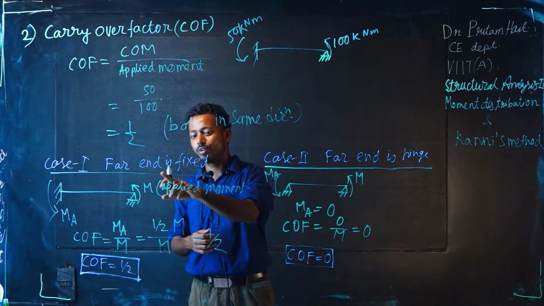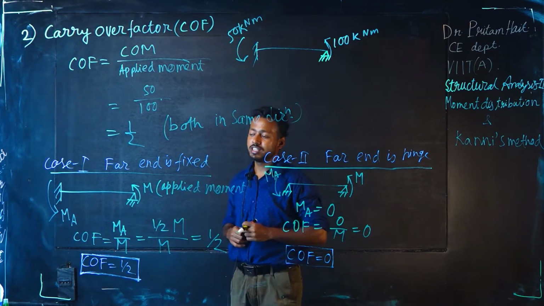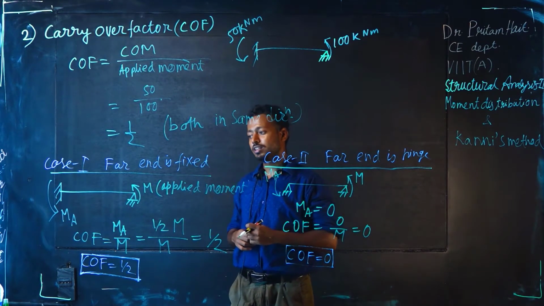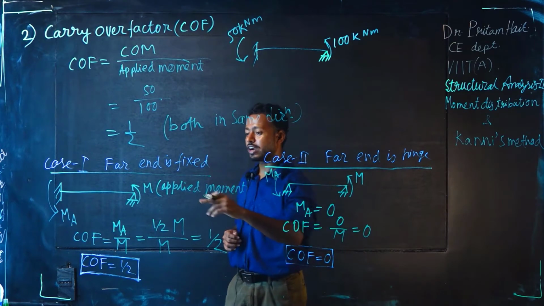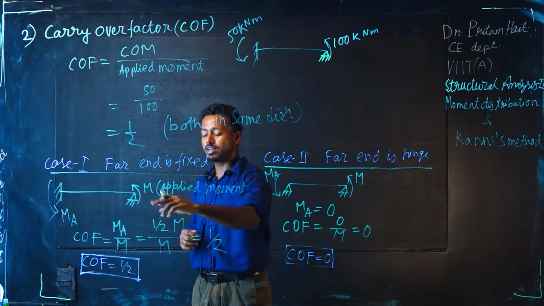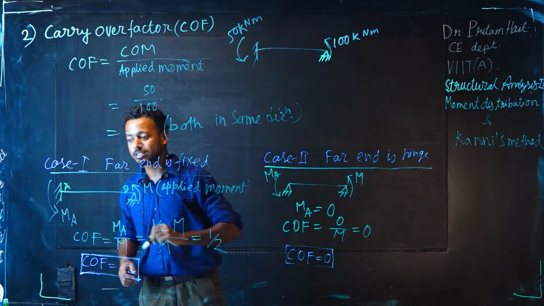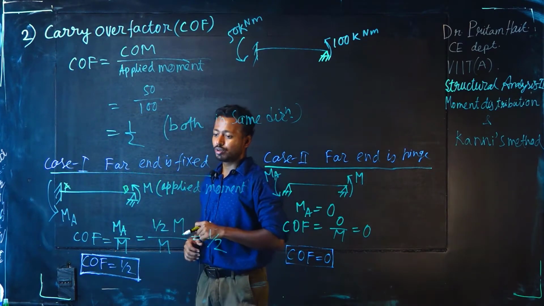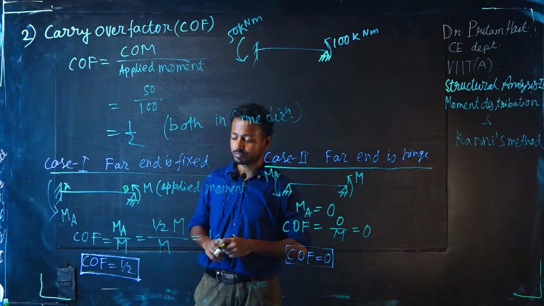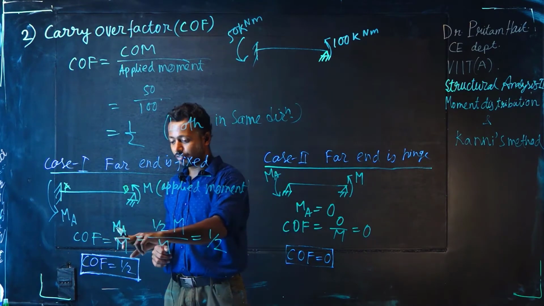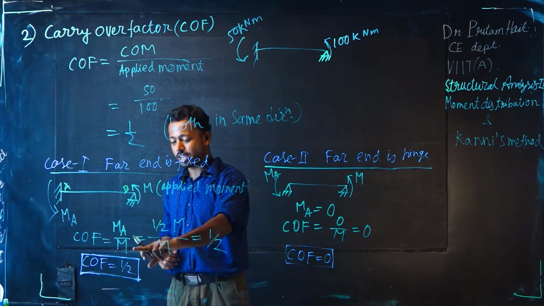Now case 1, for far end is fixed. If the far end is fixed, like this example, and I apply moment M at joint B with the far end a fixed support, what will the carryover factor be? Carryover factor equals carryover moment divided by applied moment.